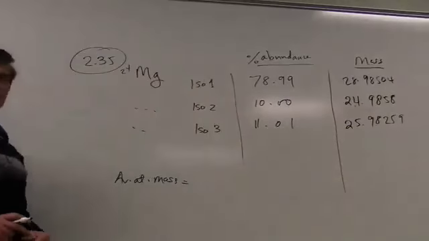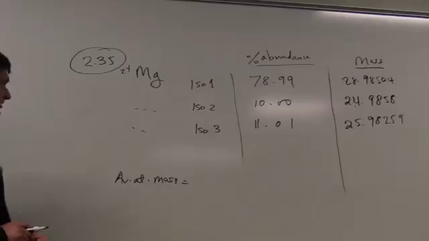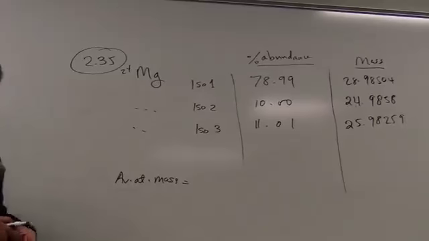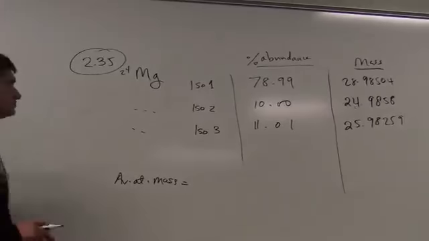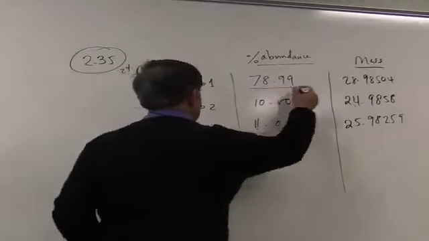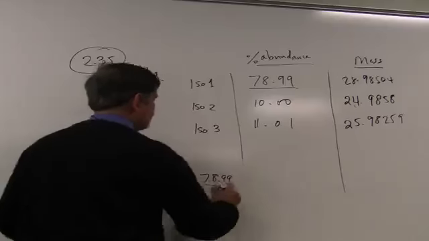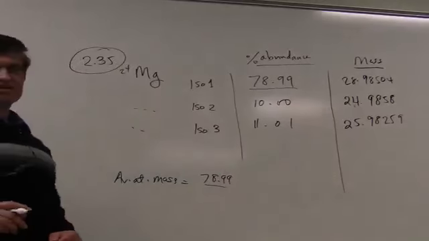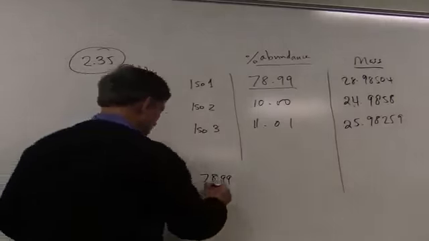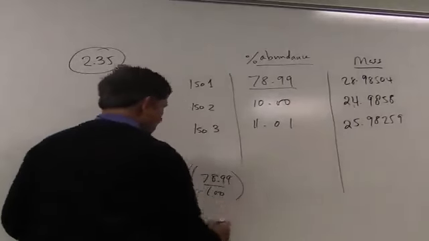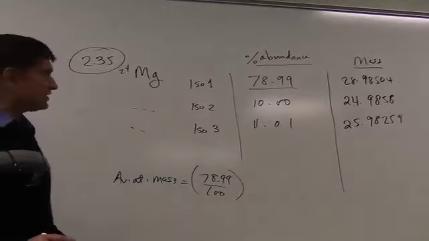With that information given, how do I calculate the average mass, which is listed in the periodic table? Percent abundance, we use that number first, 78.99. Since this is percent, we make a fraction, divide by 100. Then you need to multiply that with its mass.